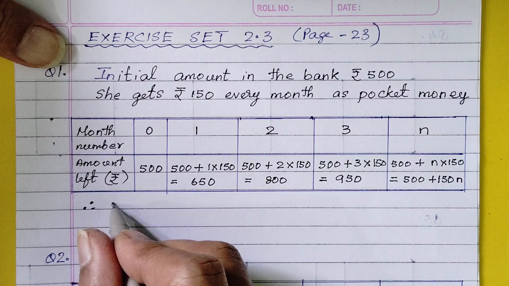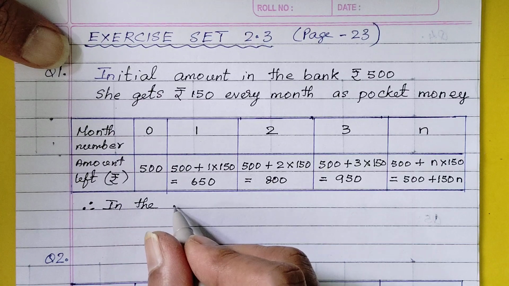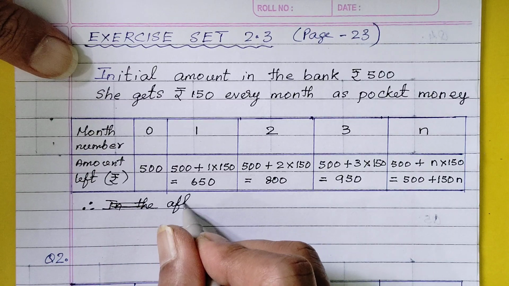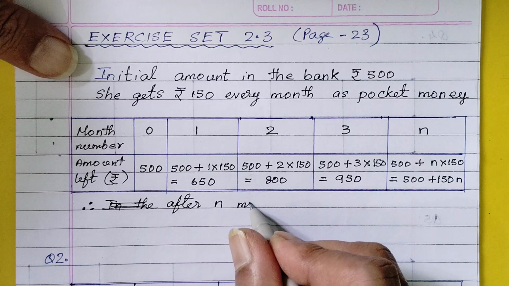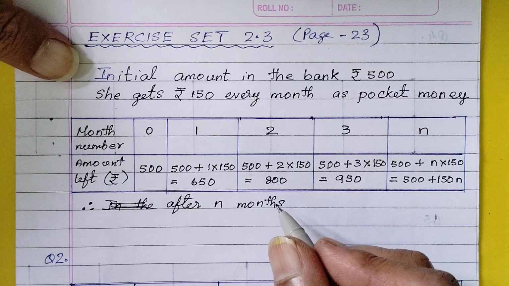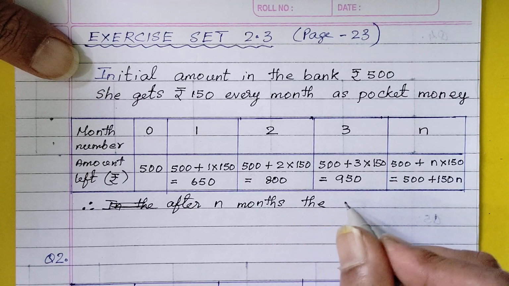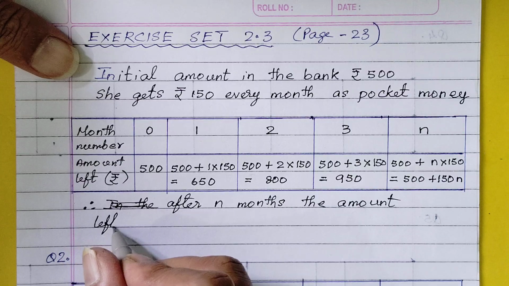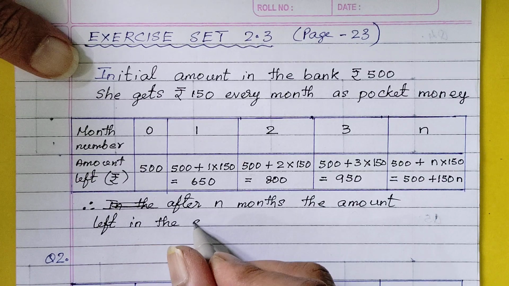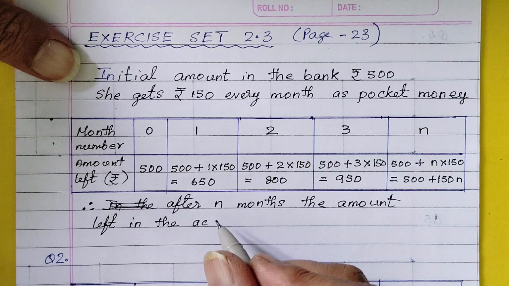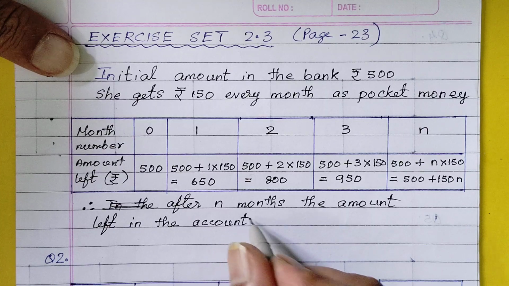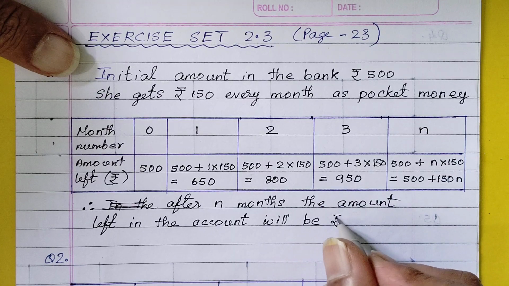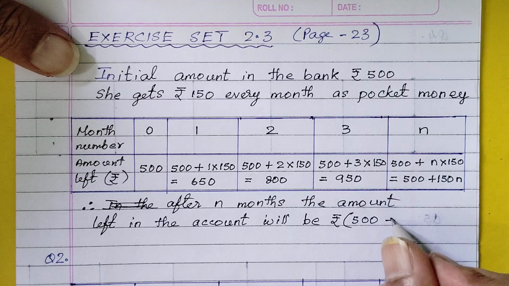Therefore, after n months, the amount left in the account will be rupees 500 plus 150n.